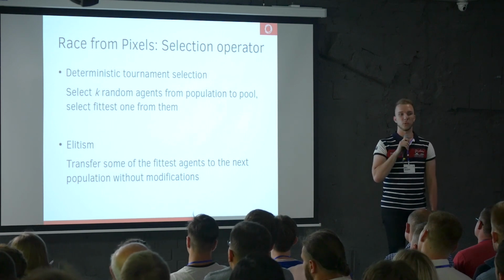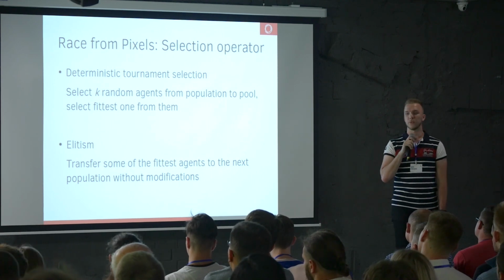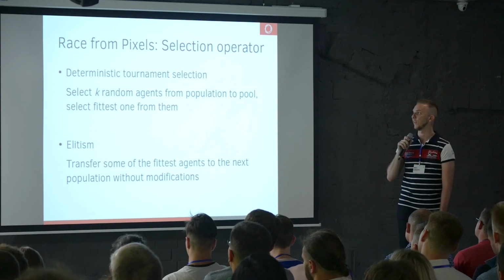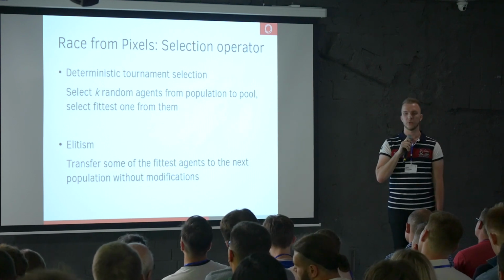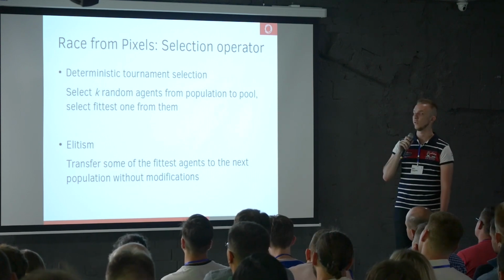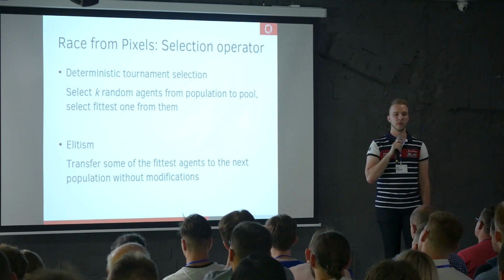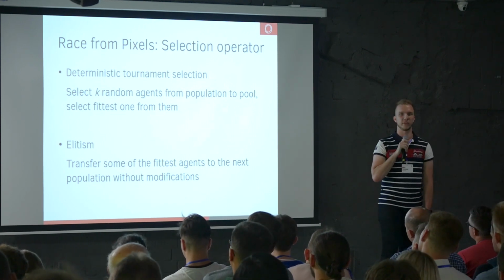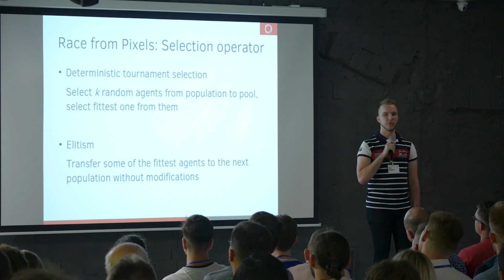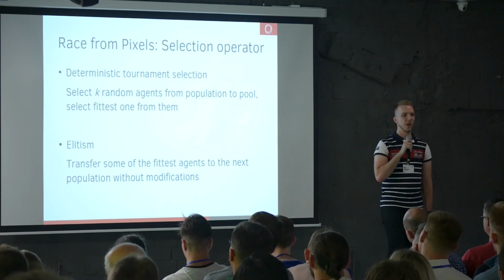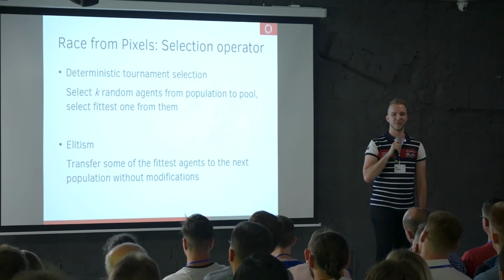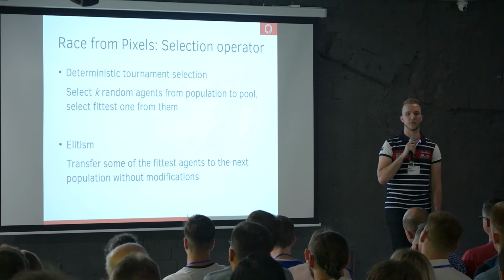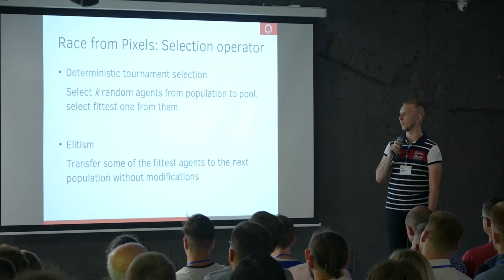The first thing to think about is the selection operator, and this idea was taken from Uber Neuroevolution, and we use deterministic tournament selection. So it resembles a gladiator ring in Rome, when you have some tournament and only the fittest survives and is taken to the next round.